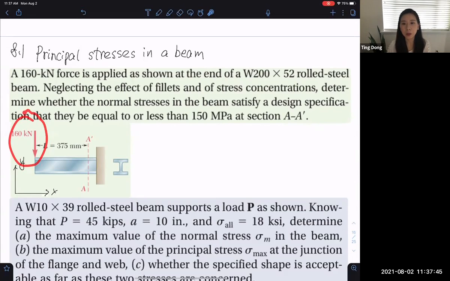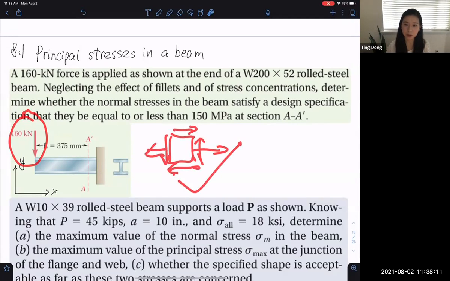Bending will generate normal stress in the beam, and the transverse shear will generate shear stress in the beam. We calculate those separately, and then we put in the element the normal stress generated at a specific point and the shear stress generated because of this transverse shear. And then using these, we calculate the principal stresses and maximum shear stress.